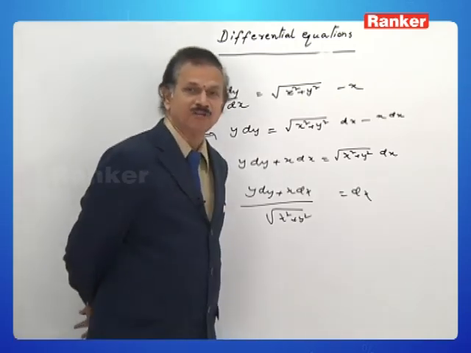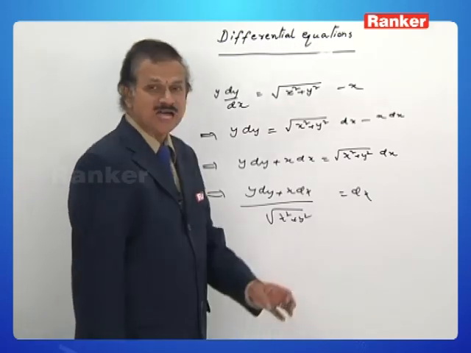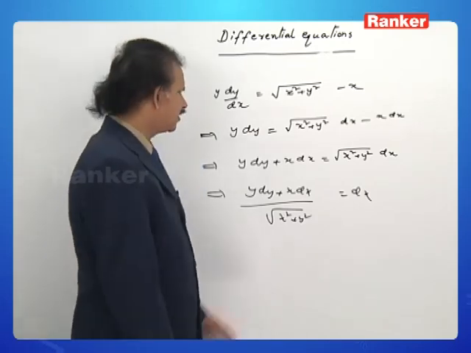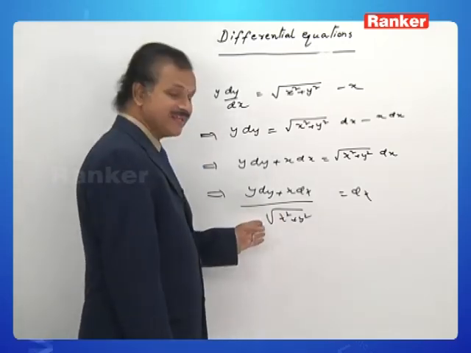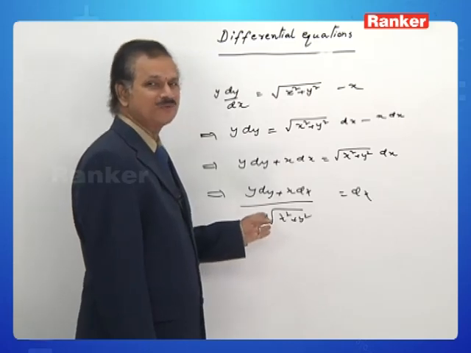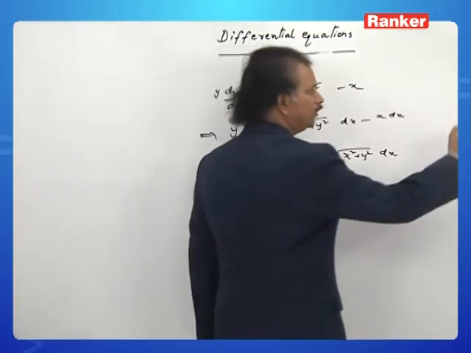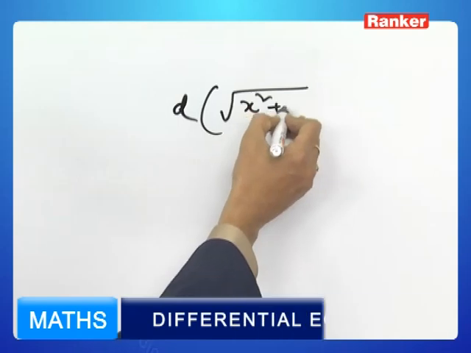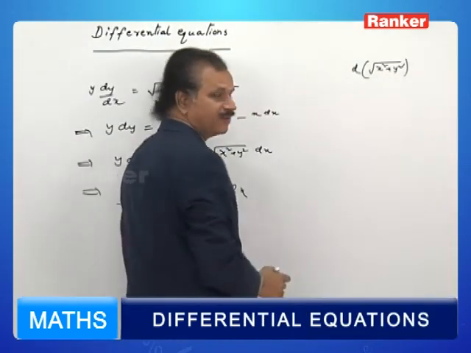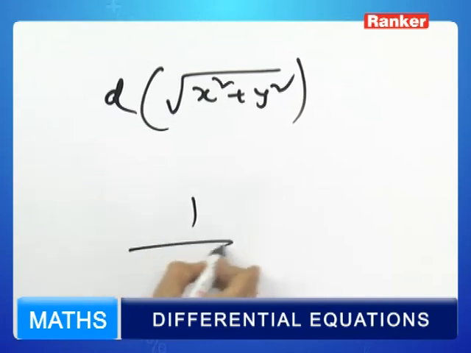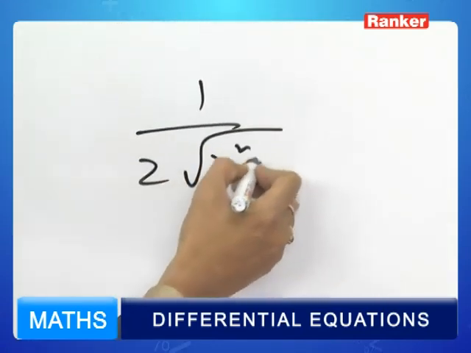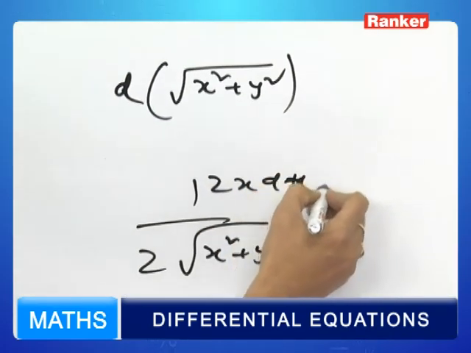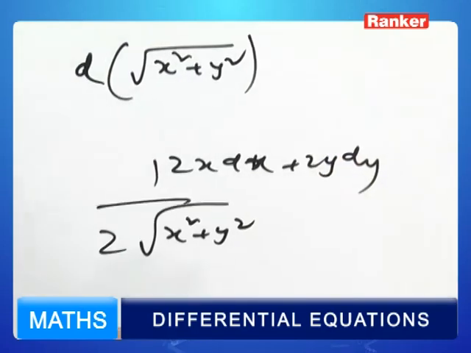Actually, we have not listed this form in the list of general differentials. You can easily observe this. (y dy + x dx)/√(x² + y²) is nothing but d(√(x² + y²)). What is that differential? d of √(x² + y²) is 1/(2√(x² + y²)) times, for x² it is 2x dx and for y² it is 2y dy. The 2 will be cancelled, of course.